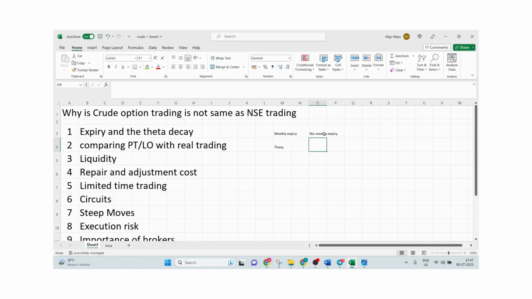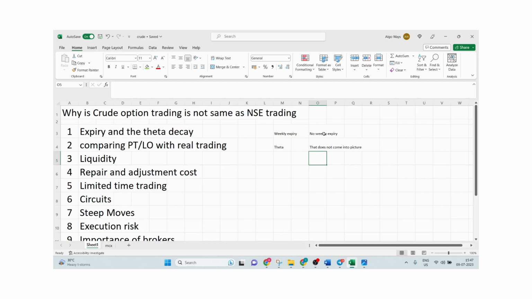They are not fixed day or fixed date expiries, they are variable expiries, though through a logic. So theta does not come into the picture till the last week of the expiry. So these two are the major differences.